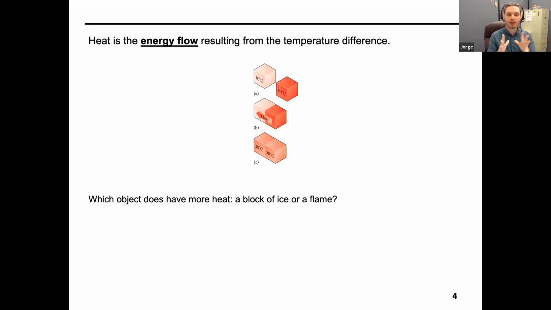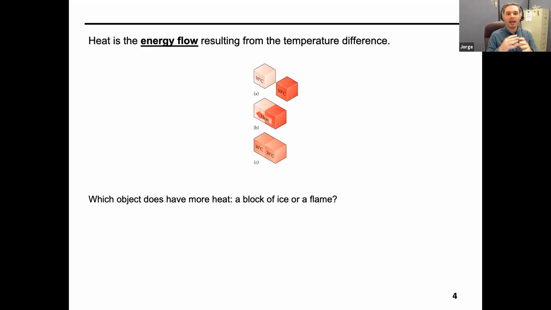When you put both in contact, energy will flow from the hottest to the coldest, and the energy flow receives the name heat, until they achieve the same temperature, and this state is called thermal equilibrium.